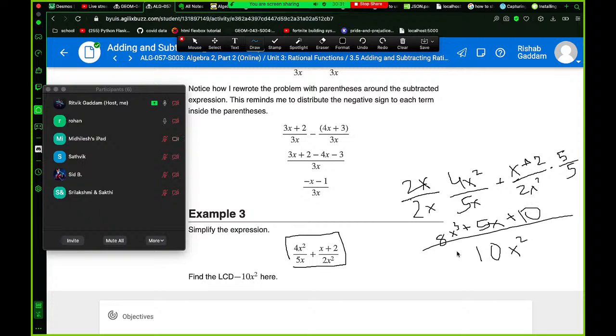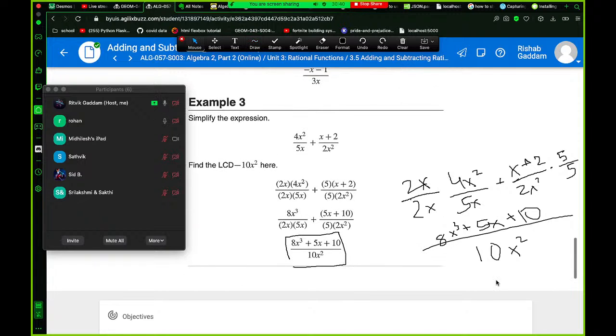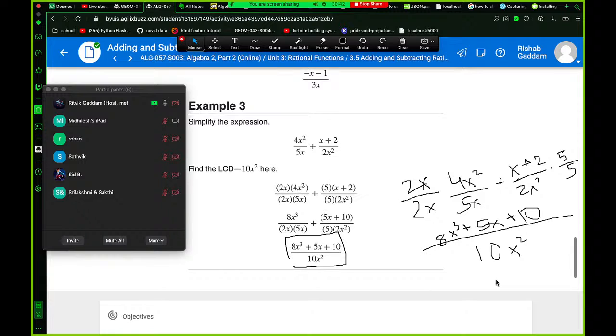Do we have to factor it further? No, I'm pretty sure that's it. Let's see what they got. And as you can see, they got the exact same thing.